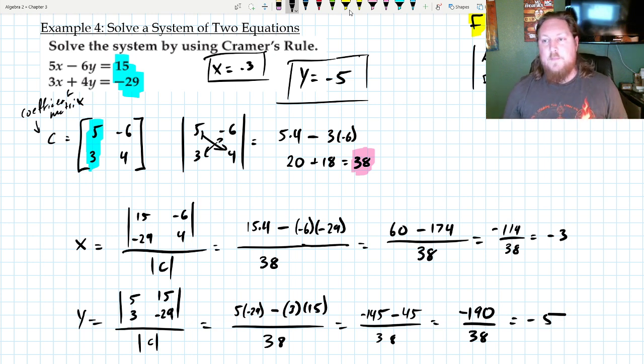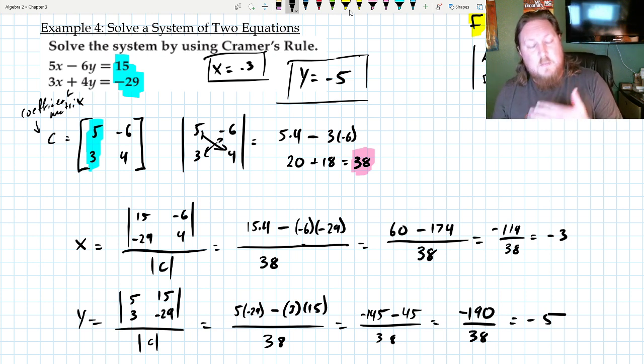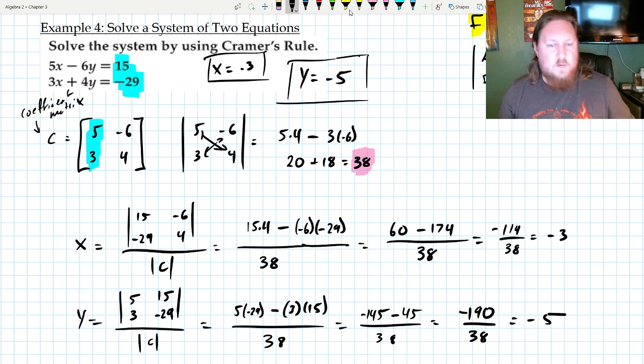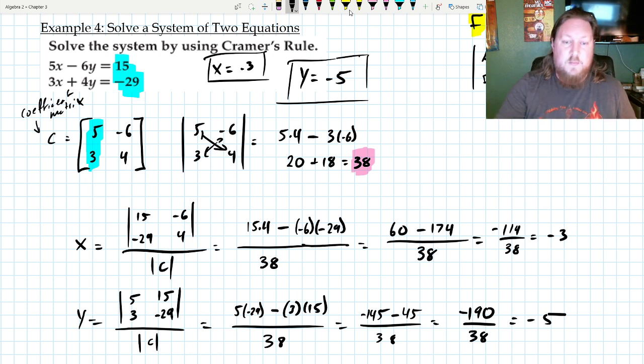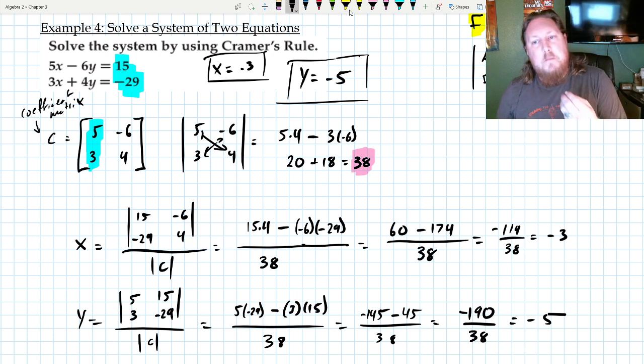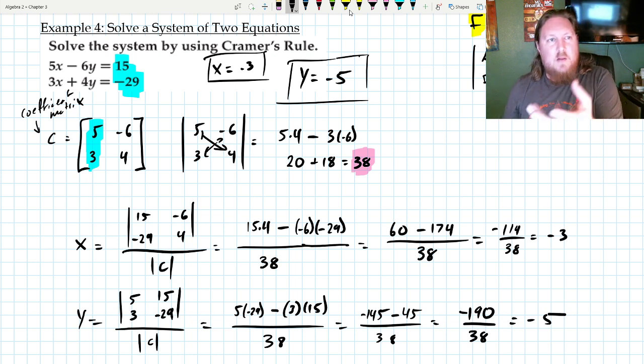Not too bad, right? If you're quick at finding the determinant, this can even be an easier method than solving a whole system of equations. This wasn't a particularly difficult system to solve, but you can't plug it into your calculator and say solve it.